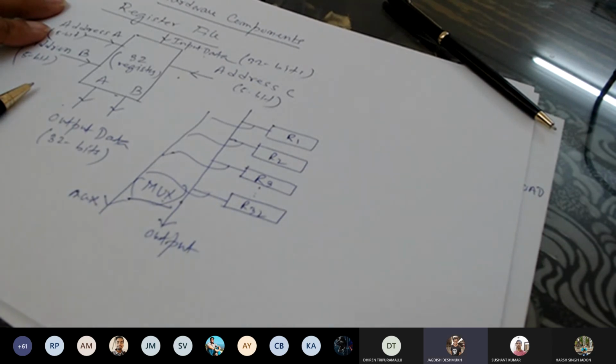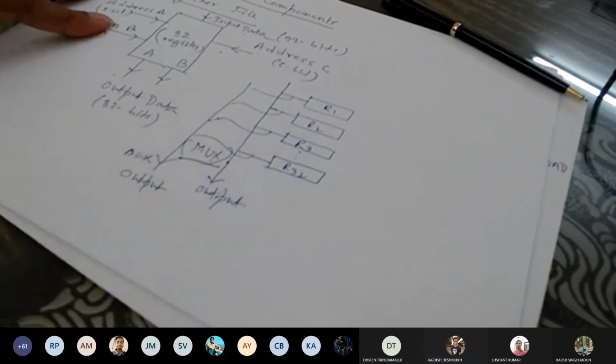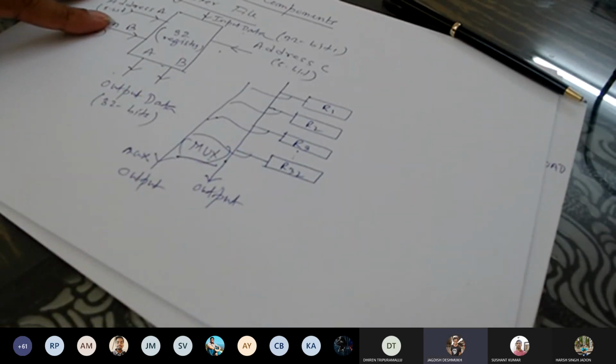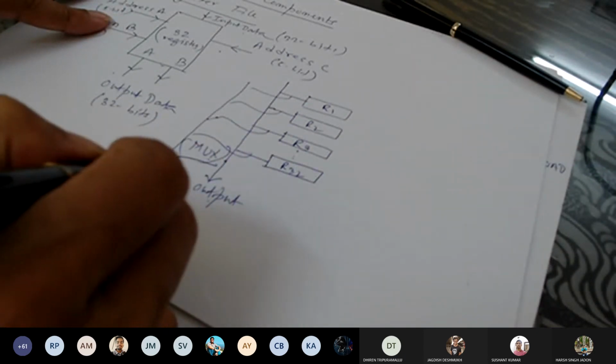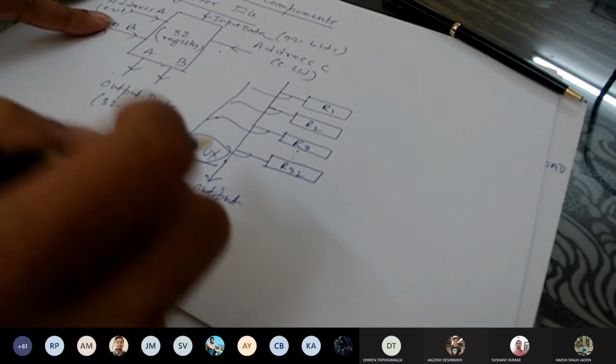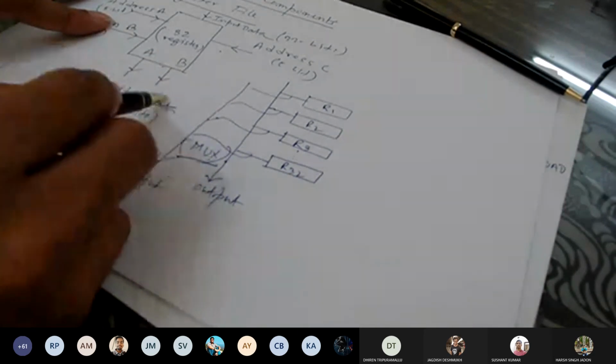Can you repeat what the other line is for, other than output? This is also output. So one multiplexer brings one output, another multiplexer brings another output, because we always require two outputs.